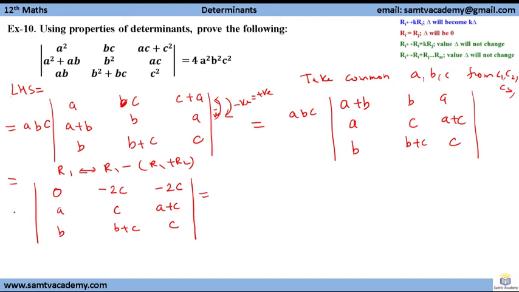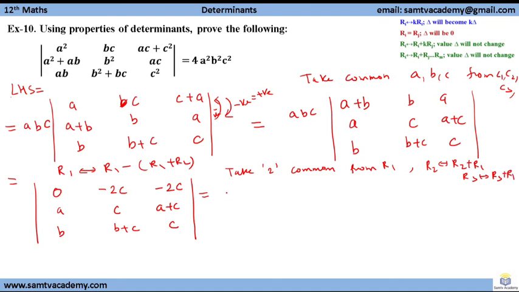I will do these two steps simultaneously. Take 2 common from R1 and then replace R2 with R2 plus R1 and R3 with R3 plus R1.